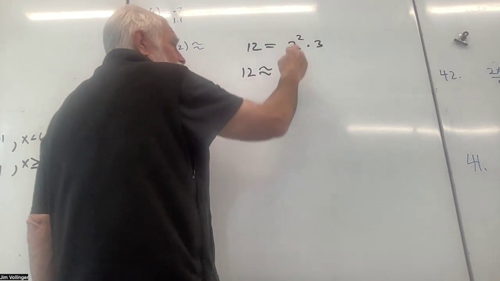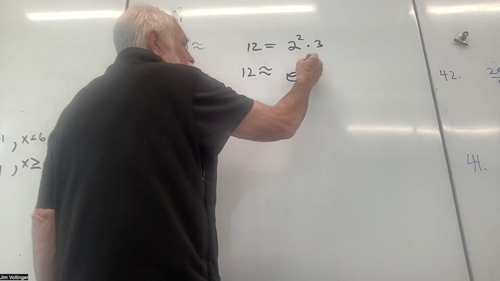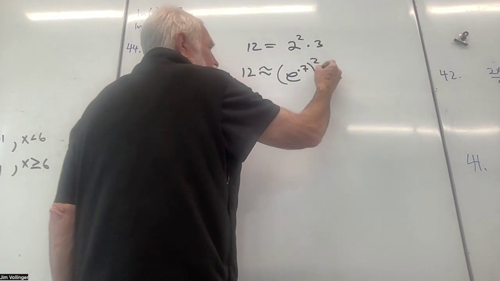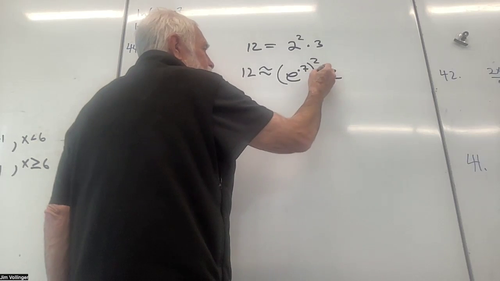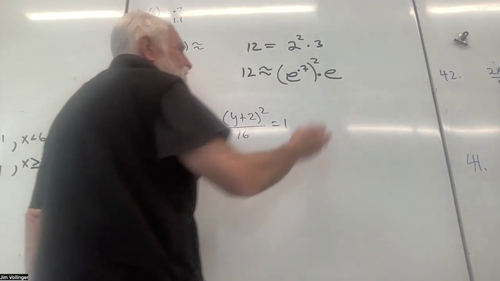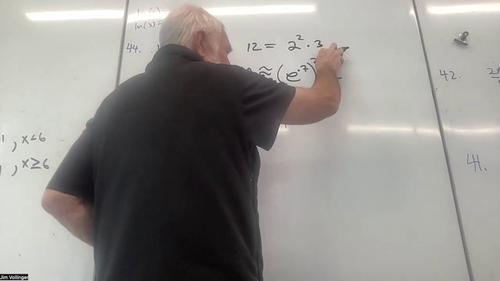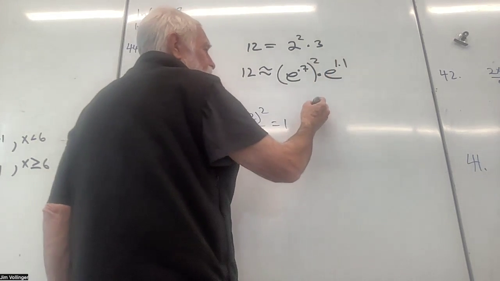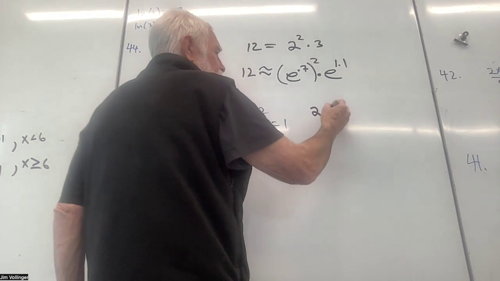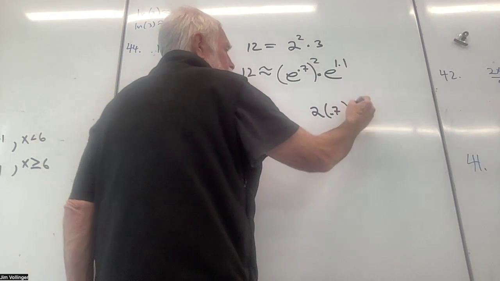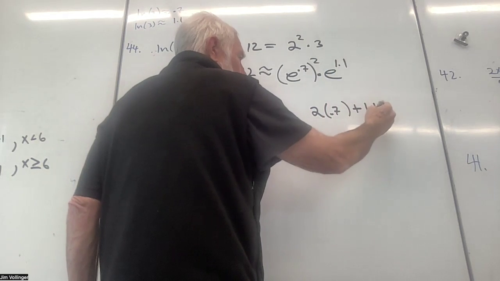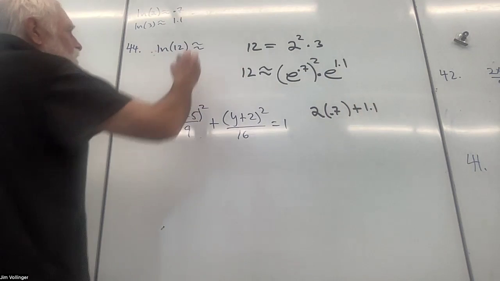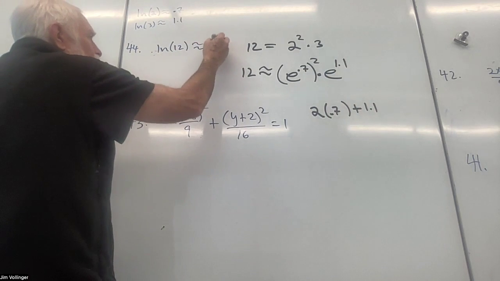Well, I give a new name to the number 2, e to the 0.7, and that's getting squared, times e to the 1.1, which gets me 3. Well, it looks to me like I have 2 times 0.7 plus 1.1 as my answer. 1.4 plus 1.1, it's approximately 2.5.